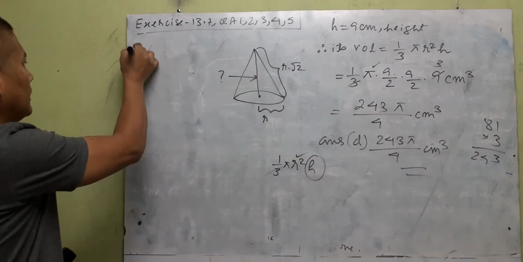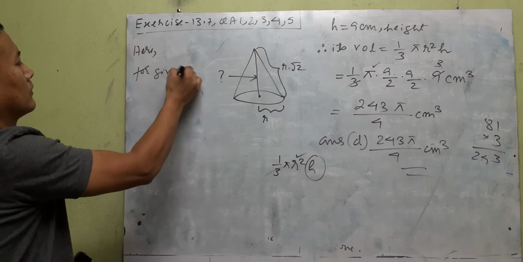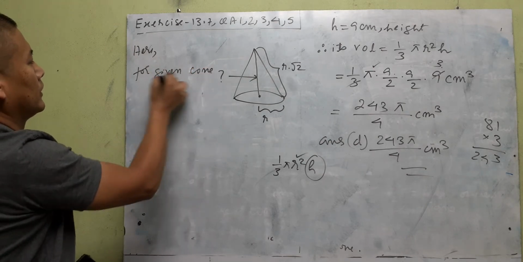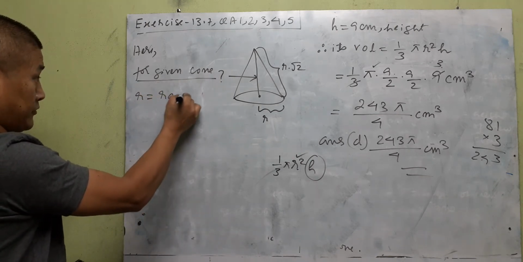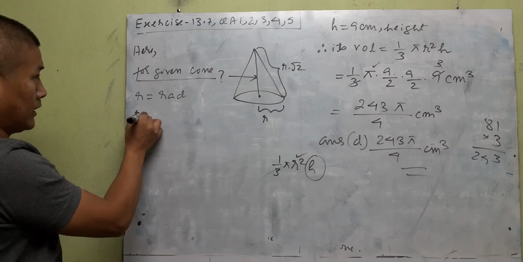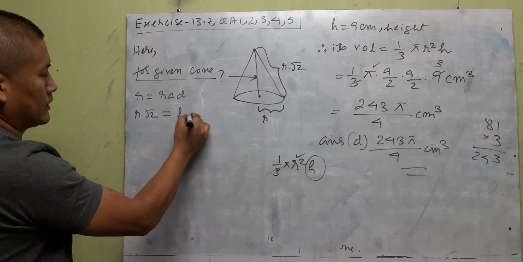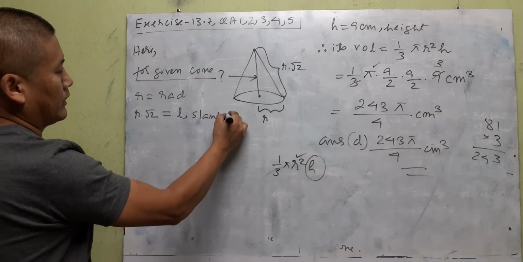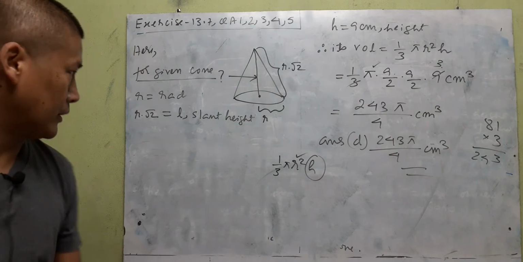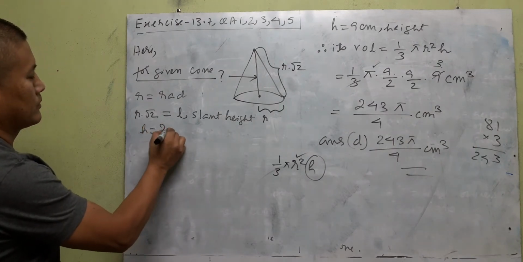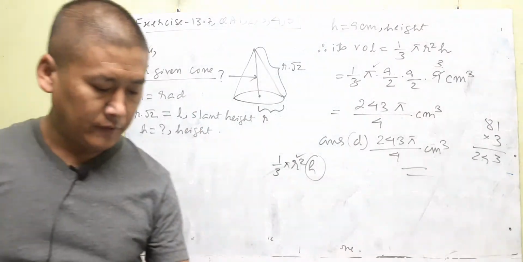So for the given cone, R is given as the radius, and R into root 2 is given as the L, which is the slant height. Then H, the question mark, is the height. We don't know it yet. We need this for finding volume, because the question is saying find the volume, right?